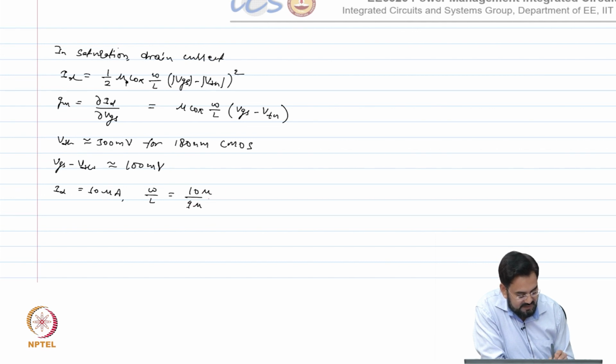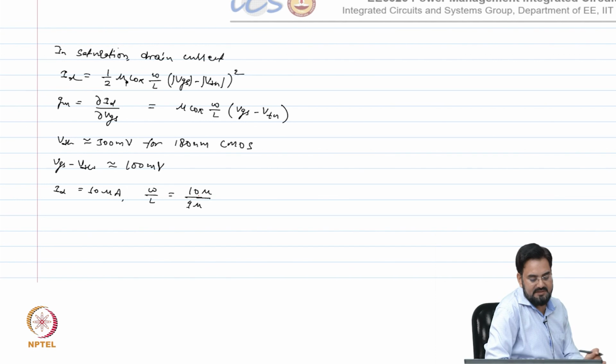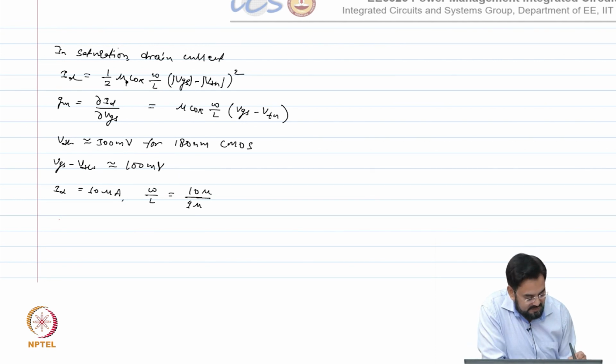So, 10 micron width, and so can you find the GM? Mu P C ox, you can assume roughly 50 microamp per volt square.